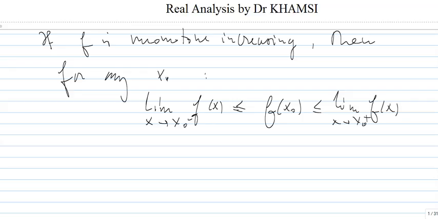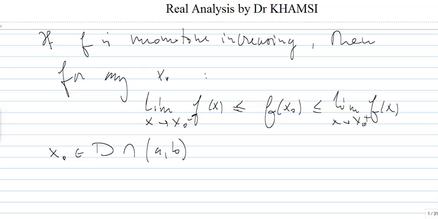So if the function is continuous, then the two limits exist and are equal to f of x0. But if it's not continuous, then the limit from the left is strictly less. So what this tells me is that x0 belongs to D, and let's say inside A and B, to make sure that we are interior.